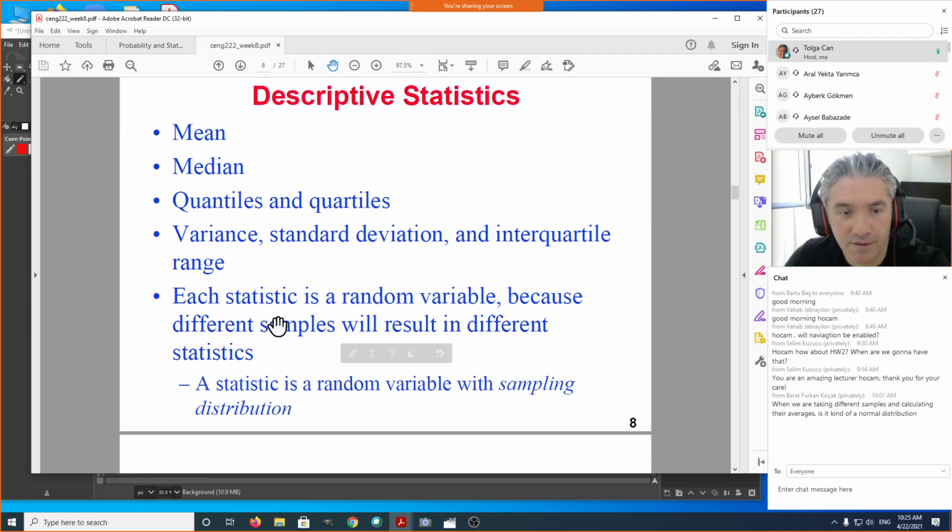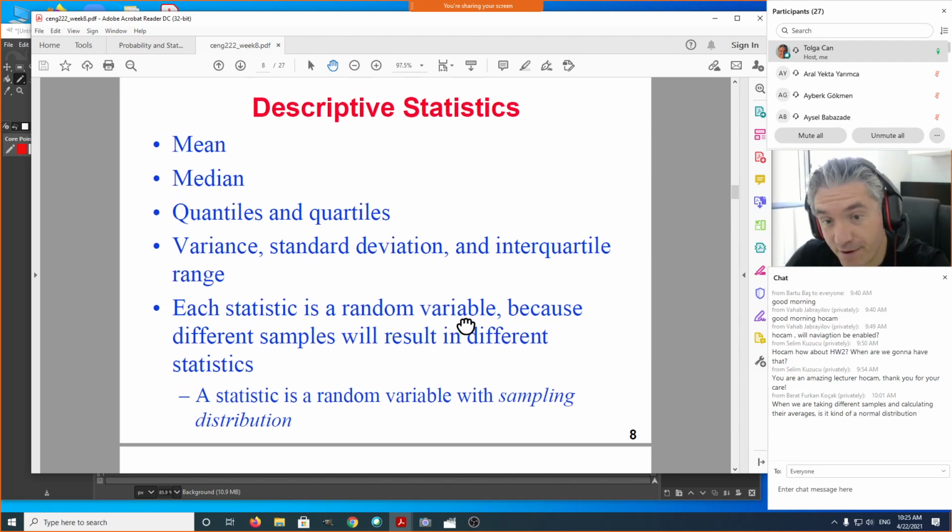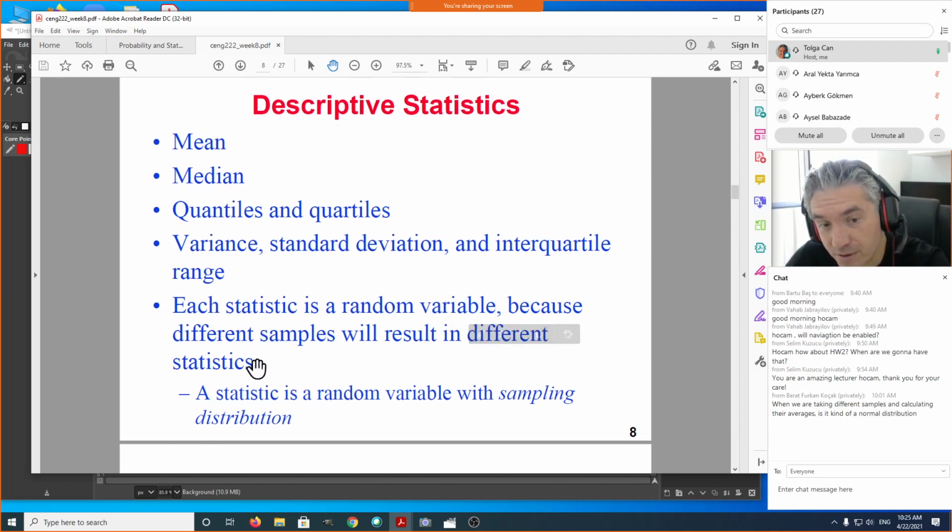Each statistic, as I told you, is a random variable, because if you get a different sample and compute the same statistic on that sample, it will result in a different value because it's a random experiment. Therefore, a statistic computed using a sample is a random variable itself, and its standard deviation is called standard error.